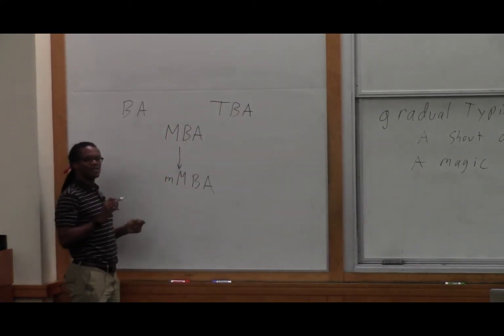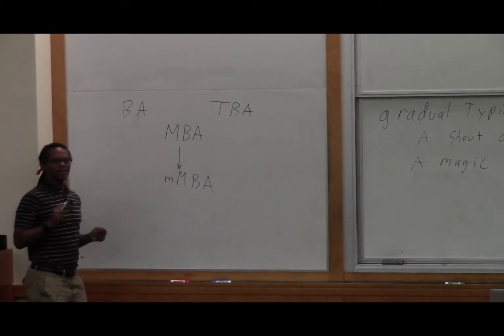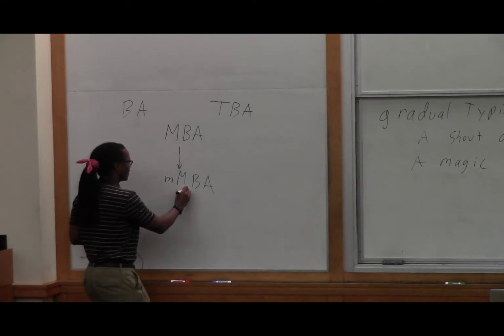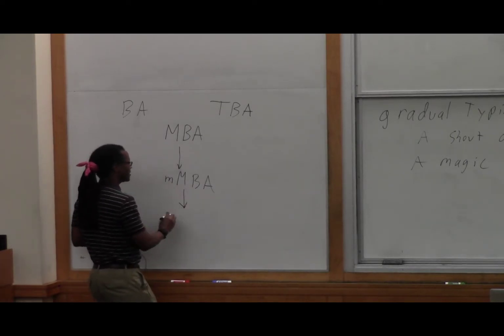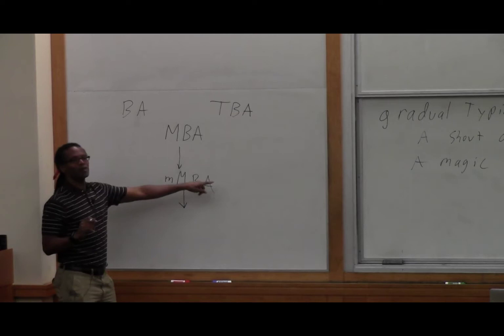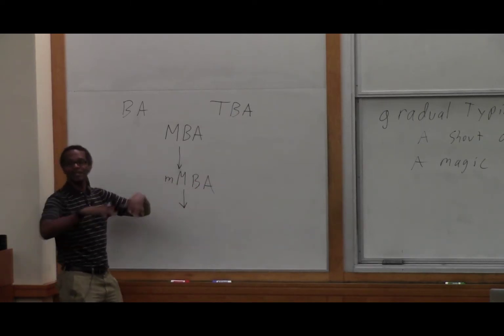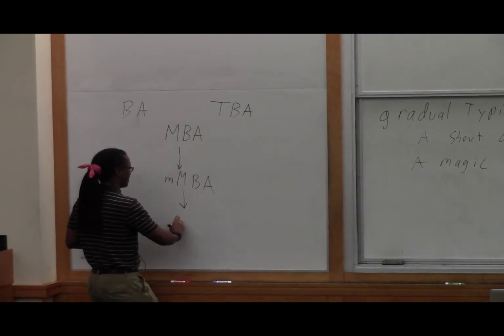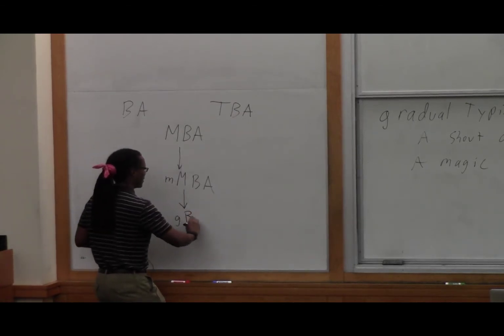And then the last step yesterday was to talk about the idea that we can think of what was going on here, which looked like a programming language construct, as something at the type level. And that's where I would call it gradual BA.